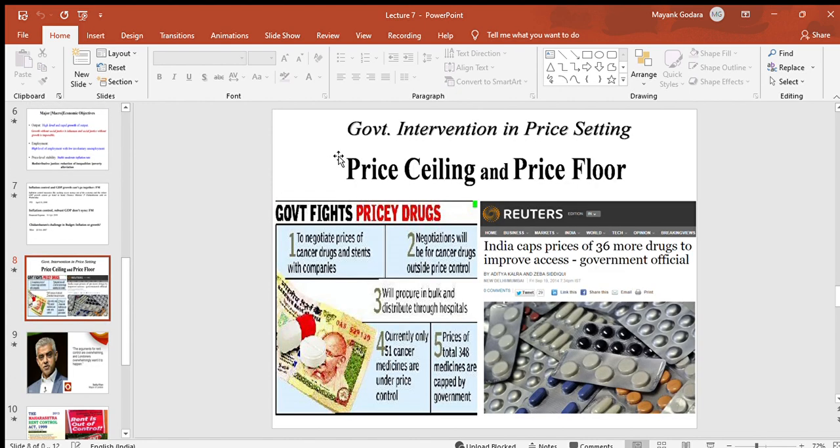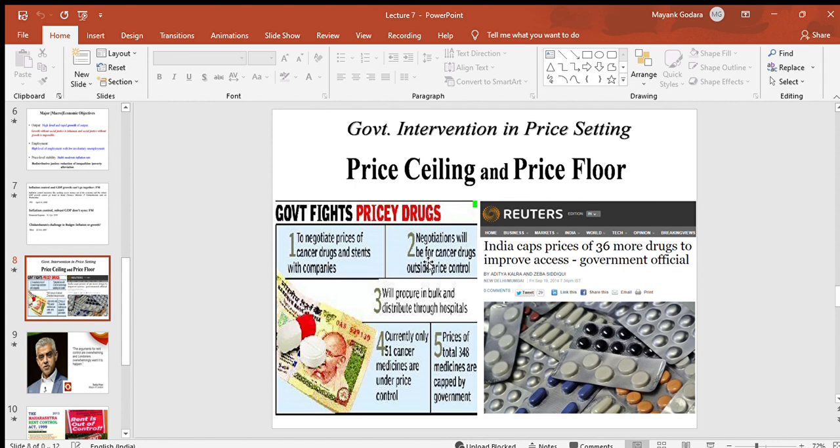Price ceiling and price floor are some forms of government intervention in price setting. If the government interferes, what happens? It negotiates prices with companies.